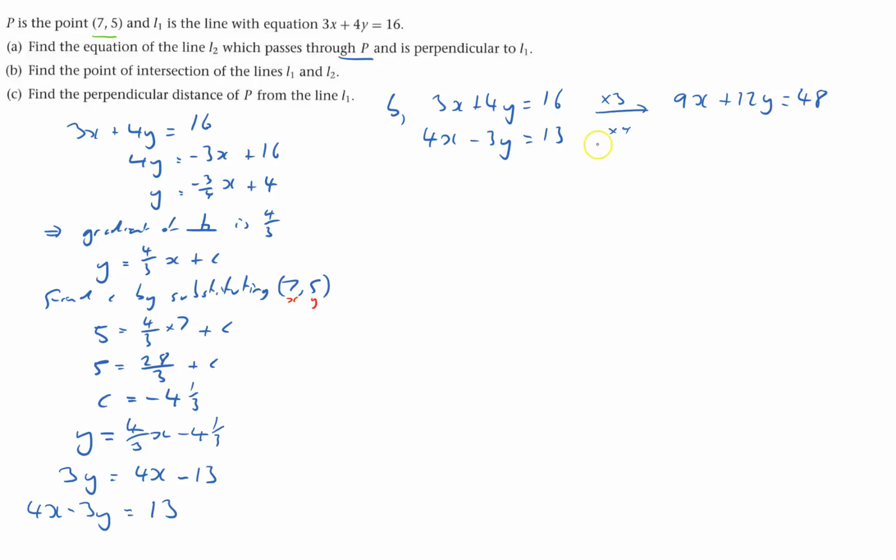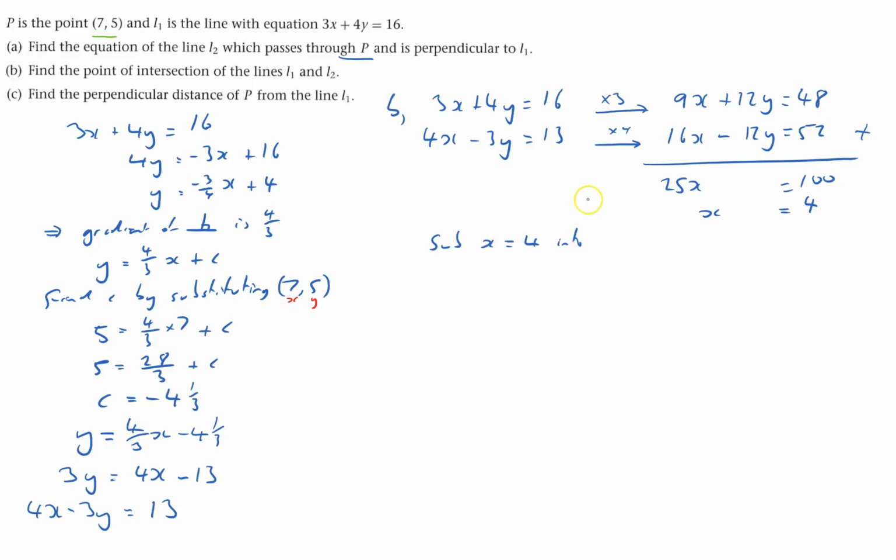And I'm going to times the bottom one by 4, and that will give me 16x minus 12y equals 52, and then add these up, that'll be 25x's, there are no y's, that's 100, that's nice, so x equals 4, and now I'll sub x equals 4 into equation 1, and that'll be 12 plus 4y equals 16, so 4y will equal 4, so y equals 1. So the point is (4,1).